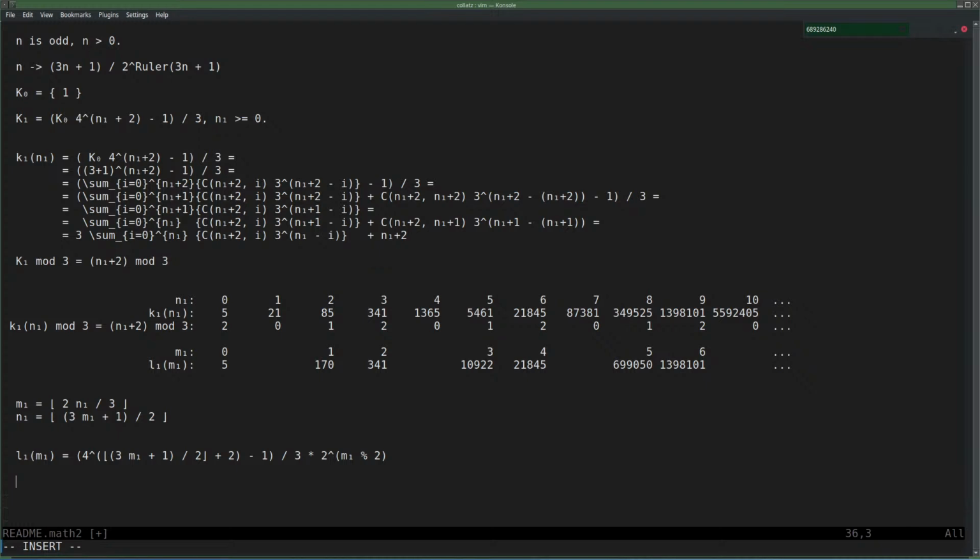And now we can do the next step, namely K2. Let's begin with the set. So K2 is all the positive integers that go to 1 in 2 steps, which means that they go to K1 in 1 step.